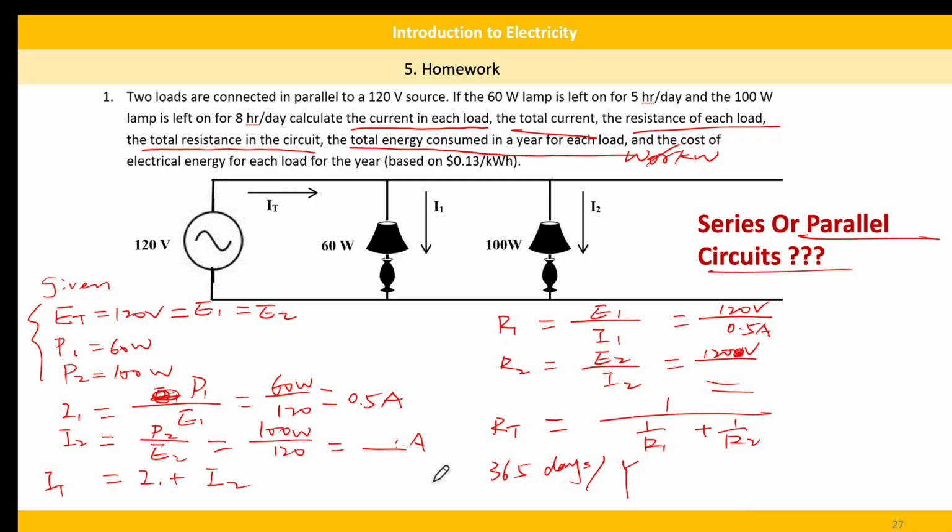So this should be P1 times 5 plus the other load's hours, right? You can get how many W, and then you have to convert to kW. Do you know how to convert? 1000 W is 1 kW. Okay, you have to convert to kW. Why? Because the unit cost is per kWh.